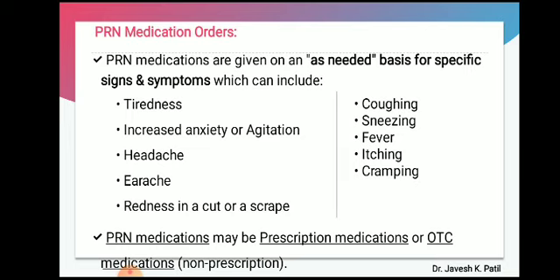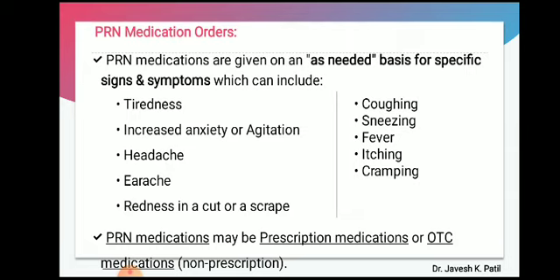So what is the next point? PRN medication orders. These are given on an as-needed basis for a specific sign and symptom. As I told you, there are many signs and symptoms of many different diseases. So we should know about these signs, and if they are observed in the patient during the treatment, then only some XYZ medication should be given.